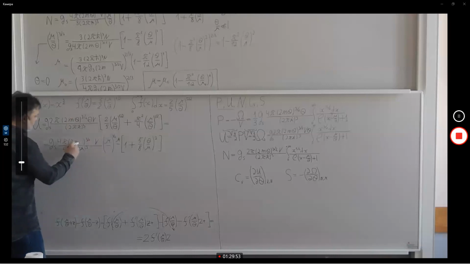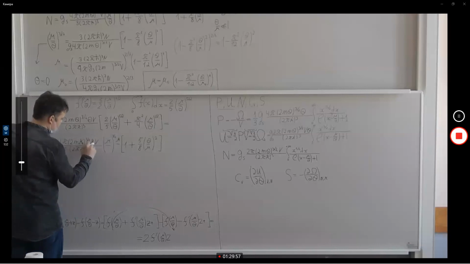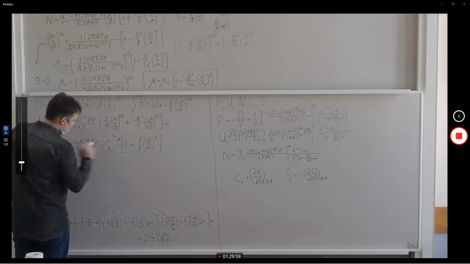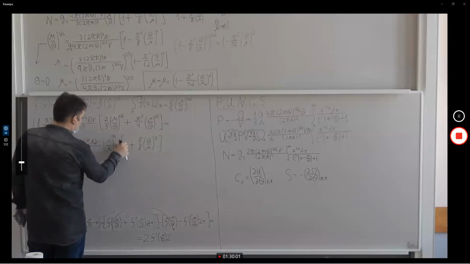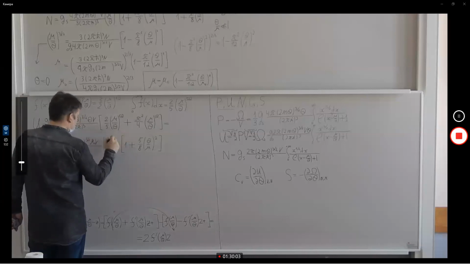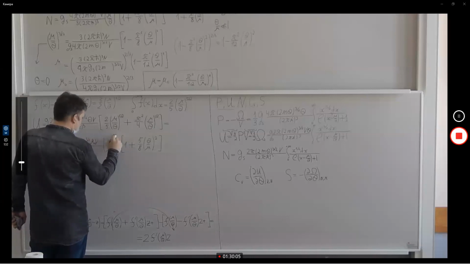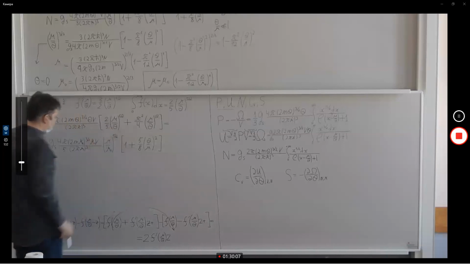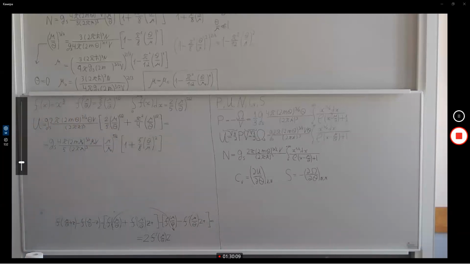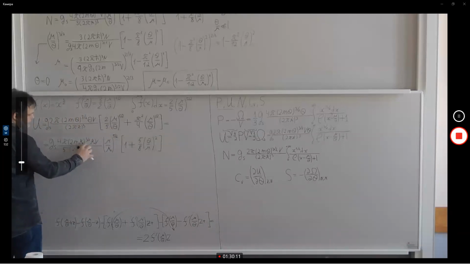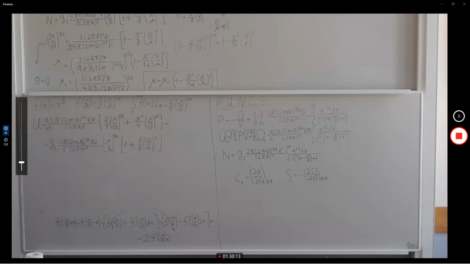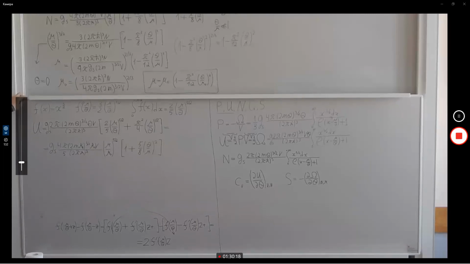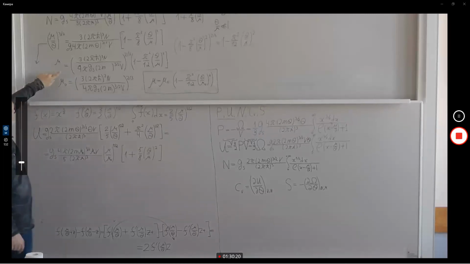And then I substitute mu sub 0 to the power 5. Mu sub 0 is some constant whose value is very well known to us.